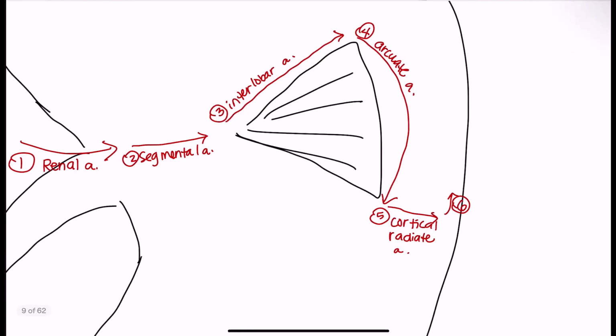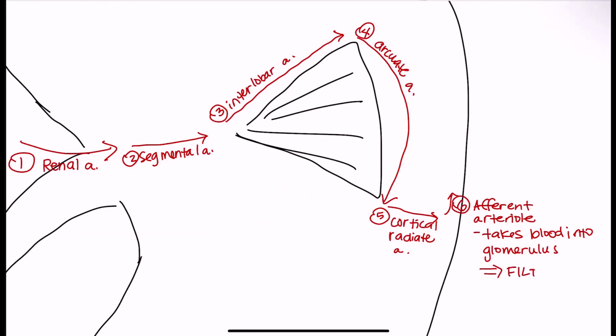So number 6 is the afferent arteriole. As a reminder, what that does is take blood into the glomerulus. That's the ball of yarn capillaries, the glomerulus. And that promotes filtration: water and other stuff leaving the blood.